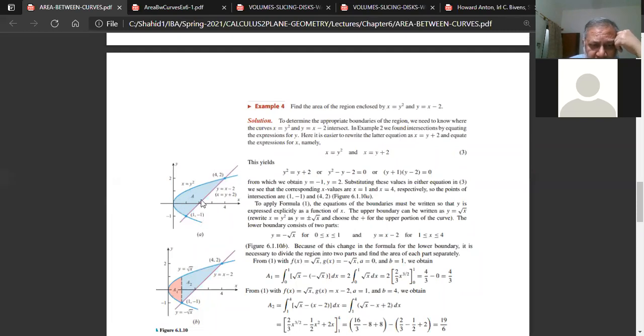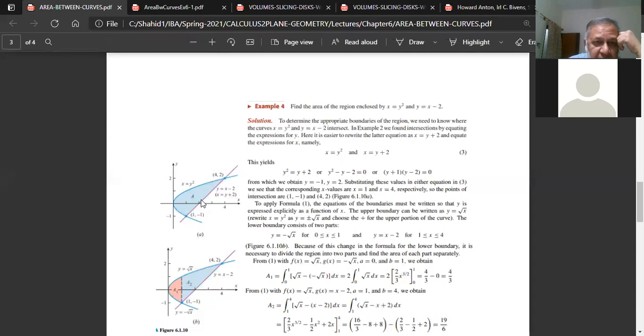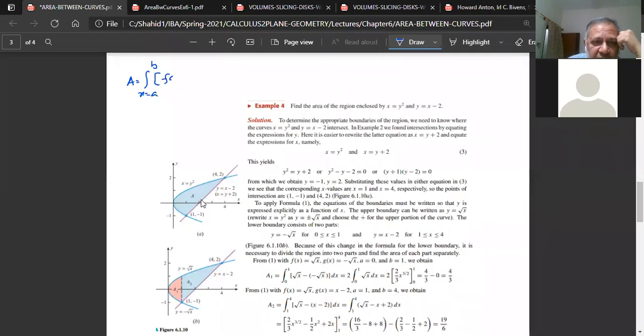Now, in this case, the problem is changed. Instead of considering the area formula used previously, x from a to b, the function which has larger values minus the function which has smaller values, integrated over x, we see that this region is bounded between the given curves.